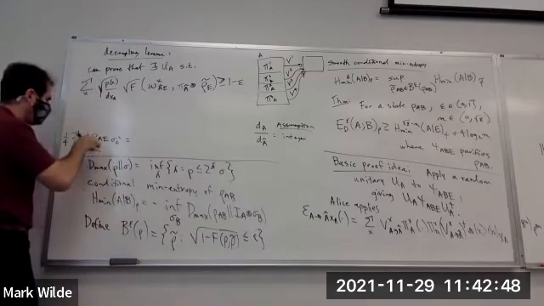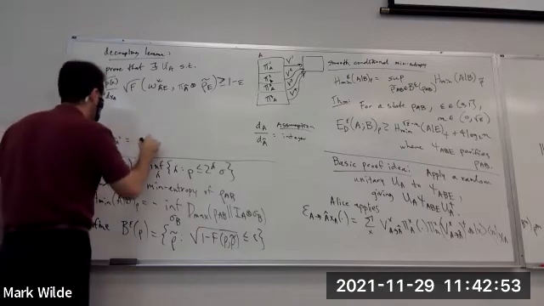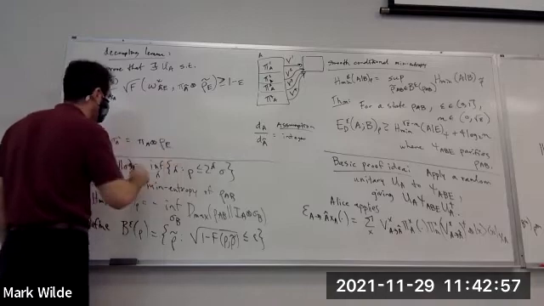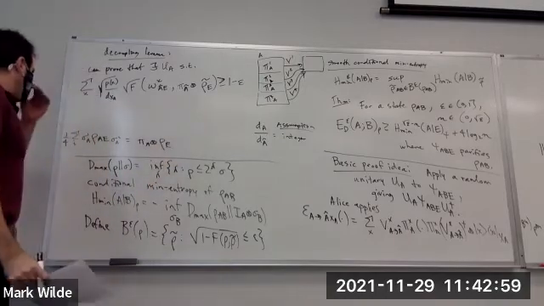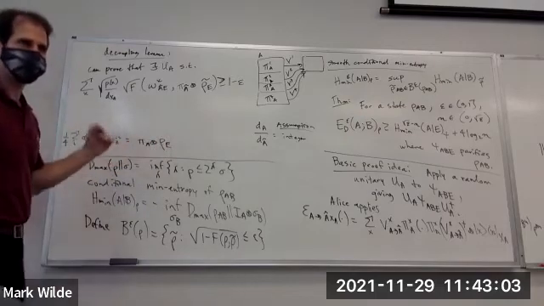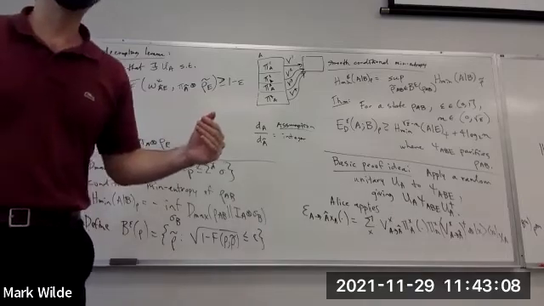This amounts to a trace of system A and replaced by a maximally mixed state, tensored with the marginal on system E. Okay? And so when you do this random unitary, you decouple. That's a very brutal random unitary.